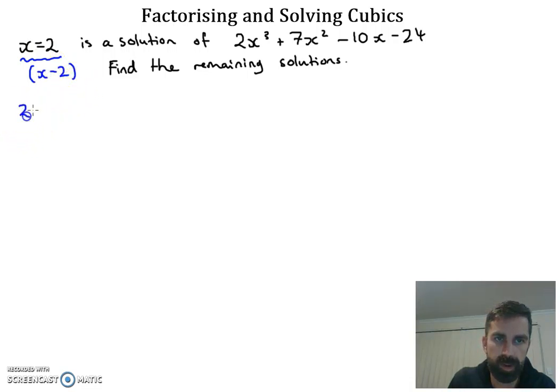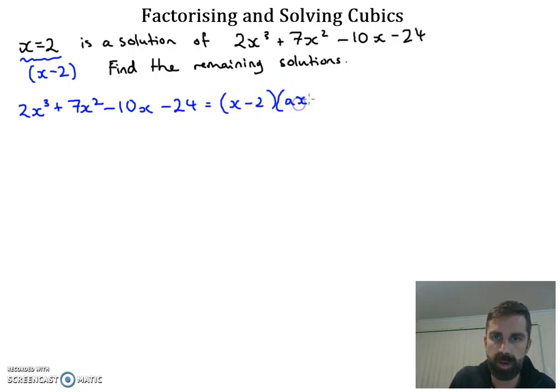So if we write out that polynomial again, we can say that that's going to be equal to x take 2 multiplied by some sort of quadratic, ax squared plus bx plus c. And I'm just going to expand that again.